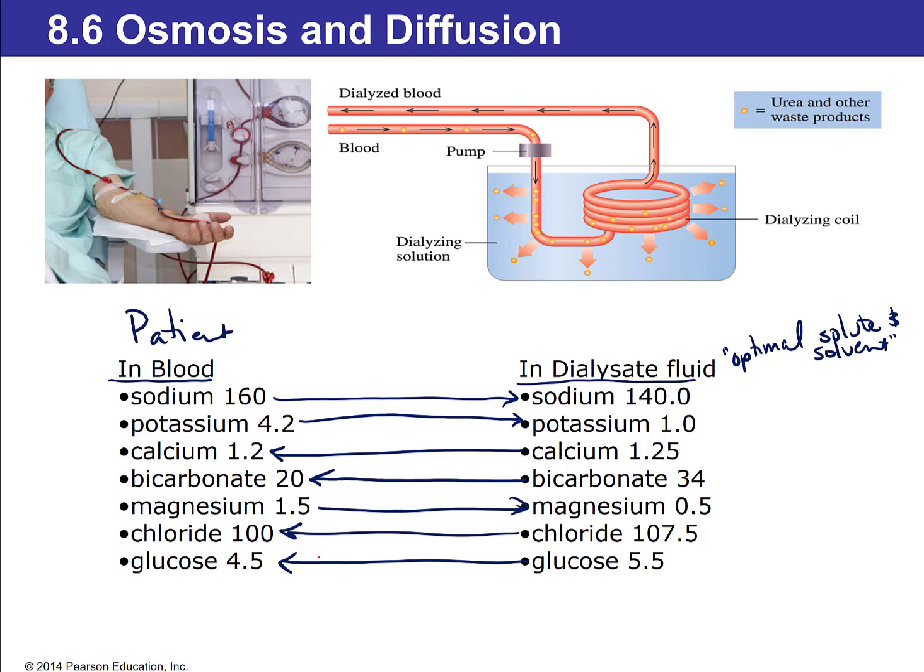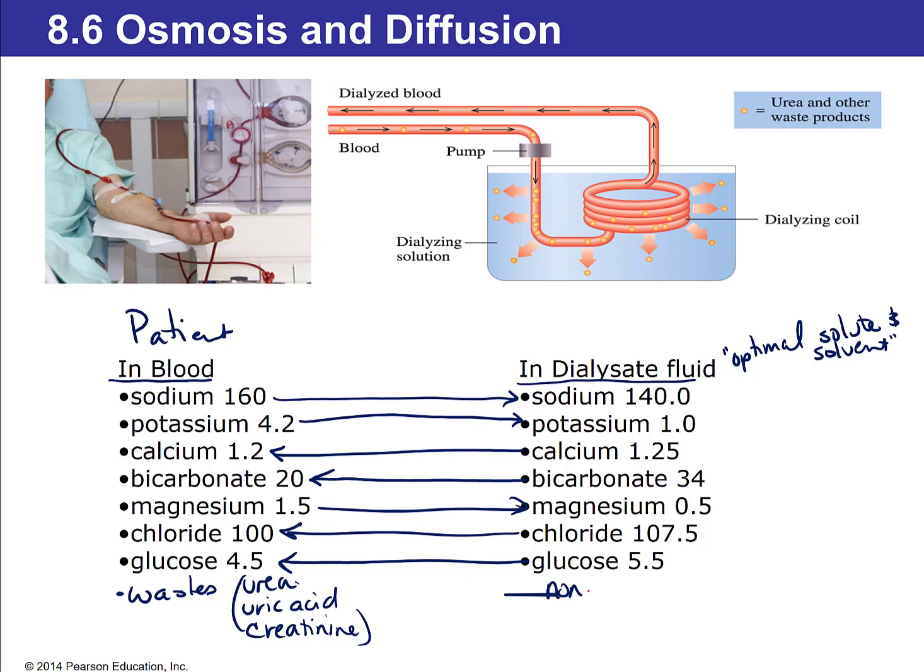So at the end of dialysis, the patient's blood. Oh, and there's one other I didn't put in. Wastes. The most common wastes are urea, uric acid, and creatinine.